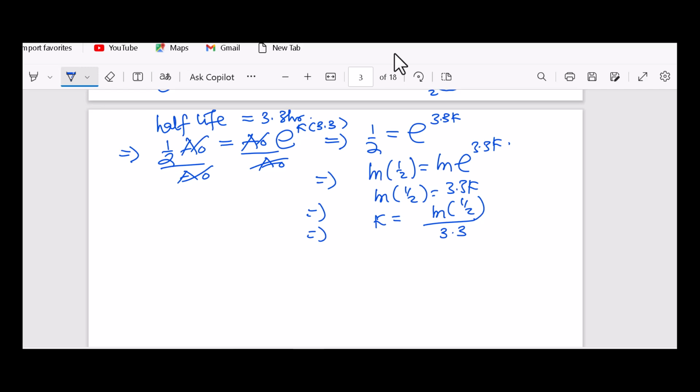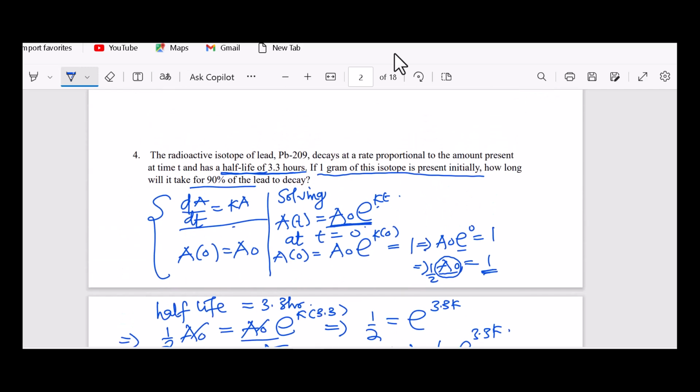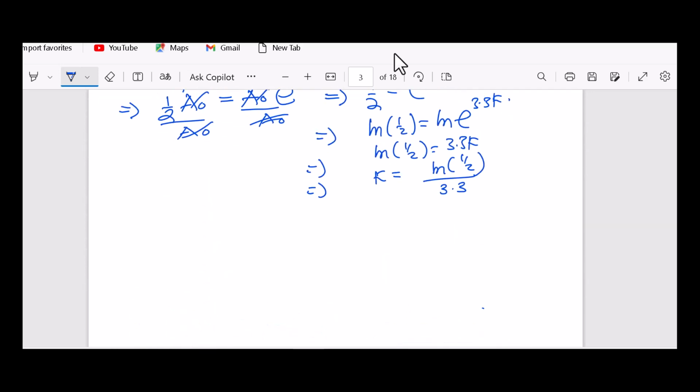Now, since we now have the k, we can then come back and look for the time. How long will it take for 90% of the lead to decay? So now we write the model.